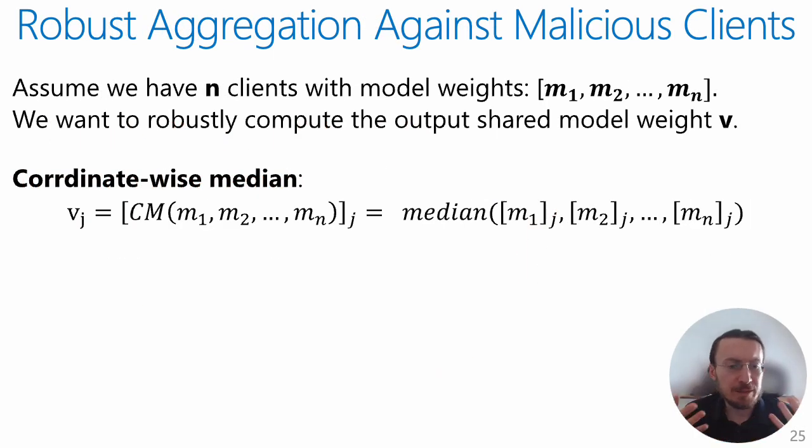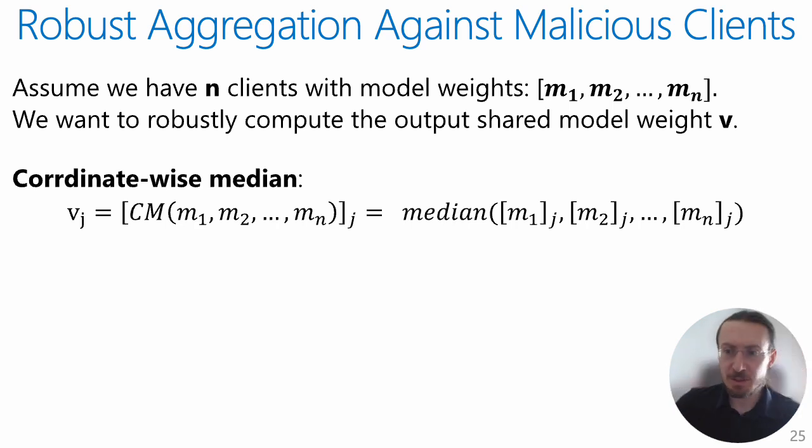Let's first talk about how we can provide robust aggregation against malicious clients. There are a few robust aggregation algorithms proposed. We assume that we have n clients with model weights m sub 1, m sub 2, up to m sub n, and we want to robustly compute the output, which is the shared model weight, in this case v.